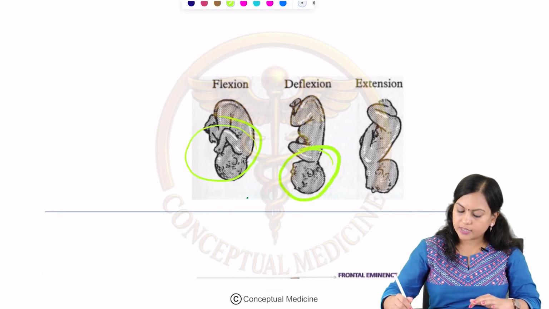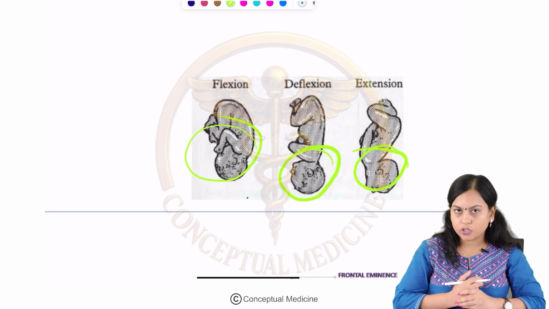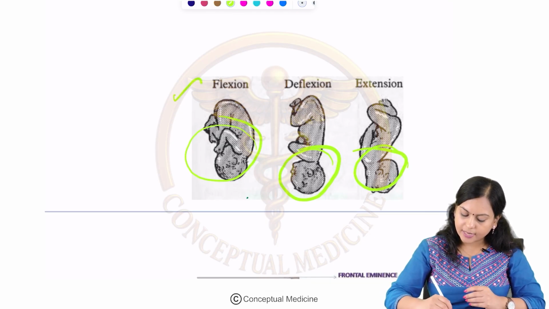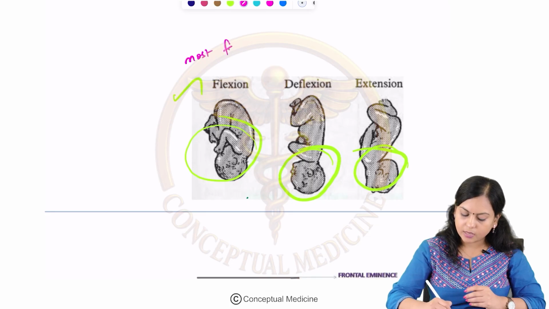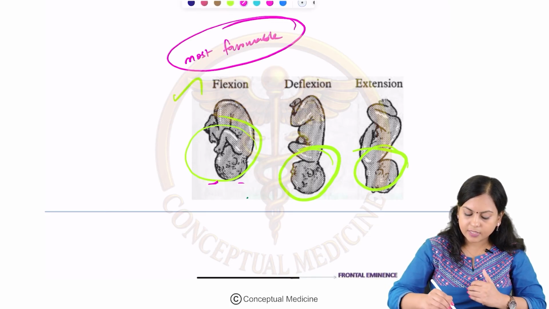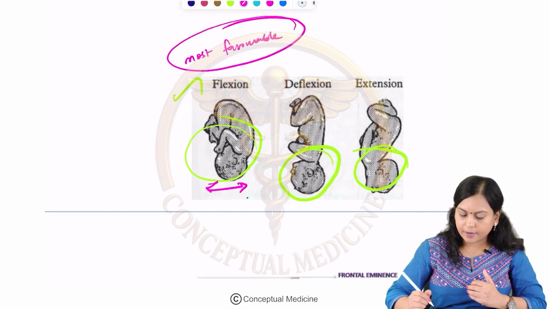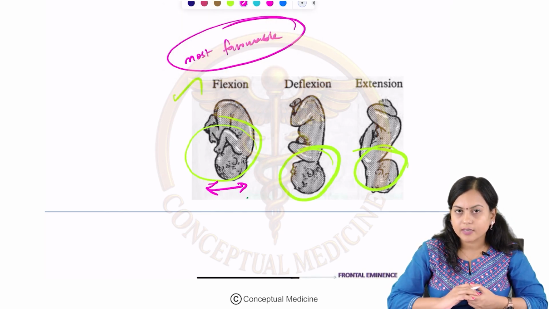Next one is a deflection attitude. And next one is an extension attitude. Among these, the flexion attitude is the most favorable one, because if the fetal head is flexed, the least diameter of the fetal skull is going to present, and that will be favorable for vaginal delivery.